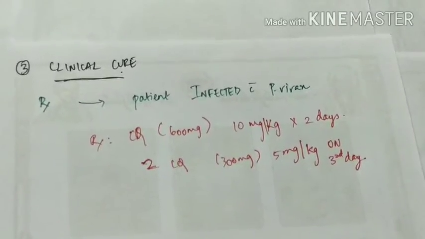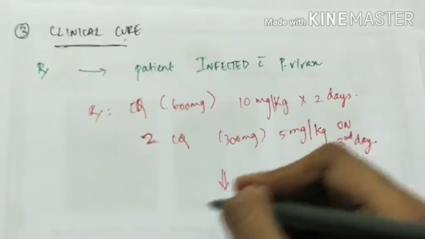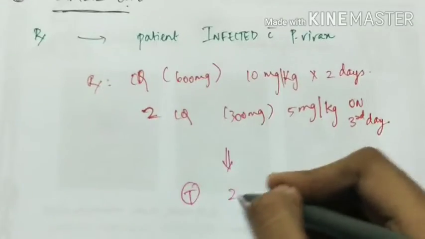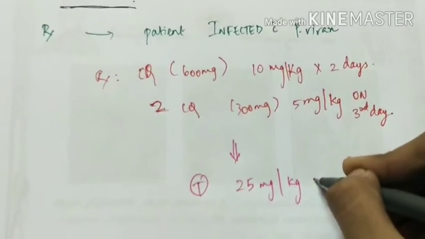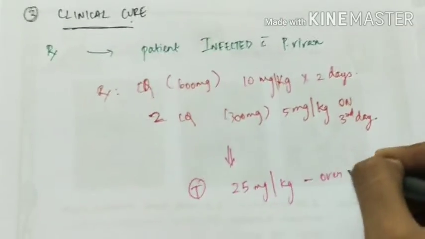So in total 25 milligram per kg is given over 3 days.